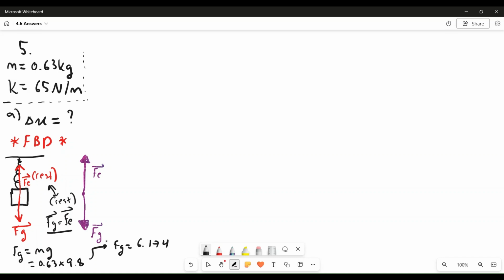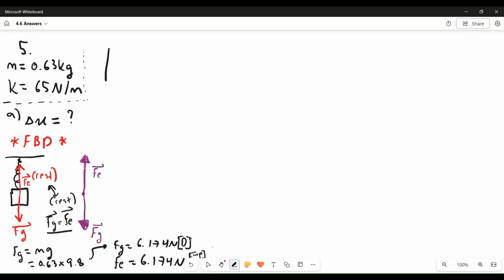And remember, we said over here the force of gravity is also equal to the elastic force. So that means the elastic force is also equal to 6.174 newtons. Obviously, these are acting in opposite directions, so this would be down, and this one would be up.